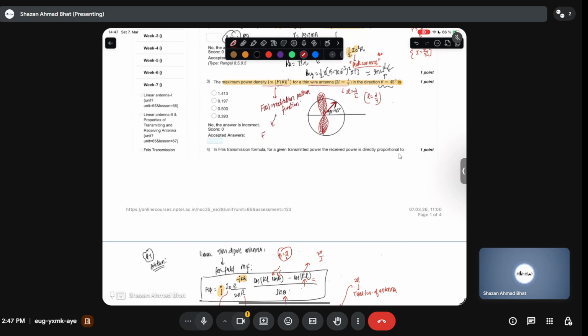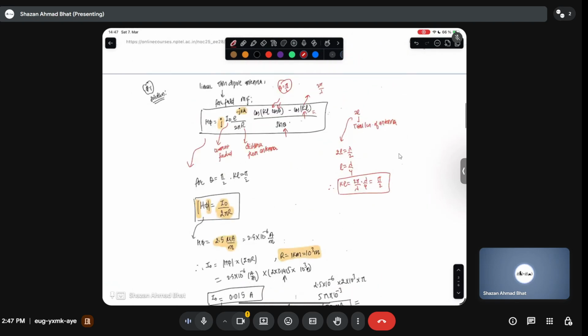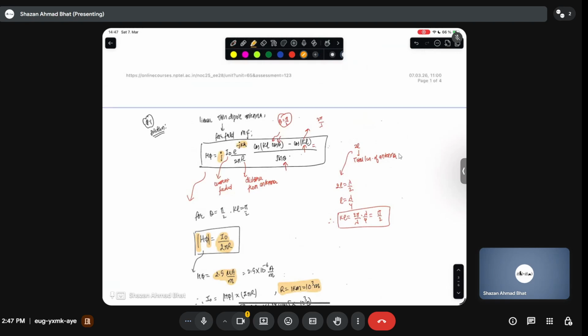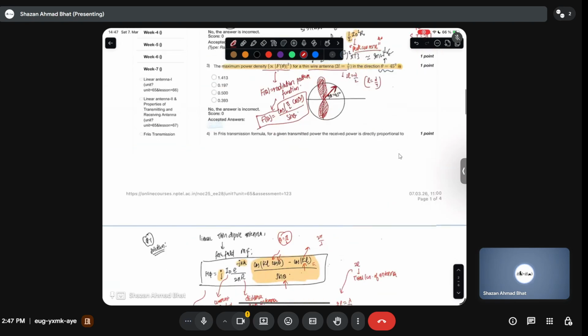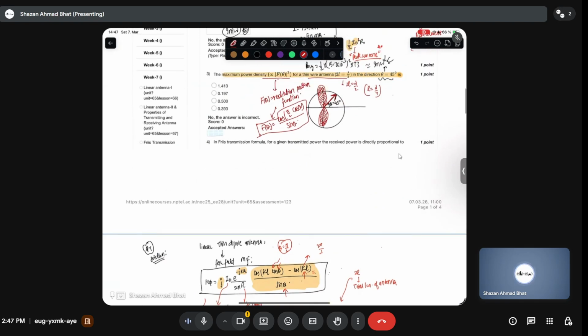And you might have seen that this F theta can be written as cos of pi by 2 cos theta divided by sine theta. It's not exactly, but similar to the radiation pattern function you might have seen. Let's solve question 3 here.